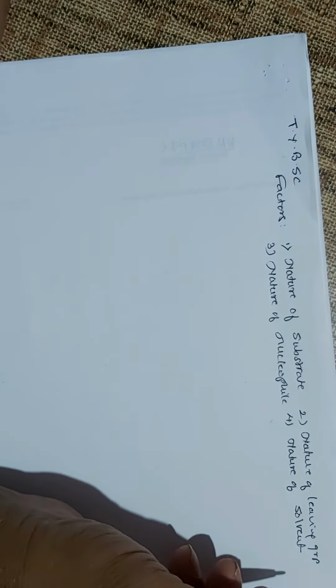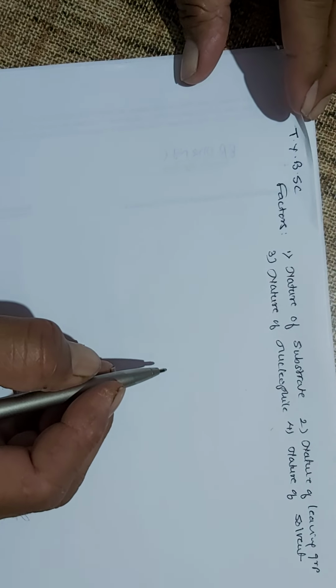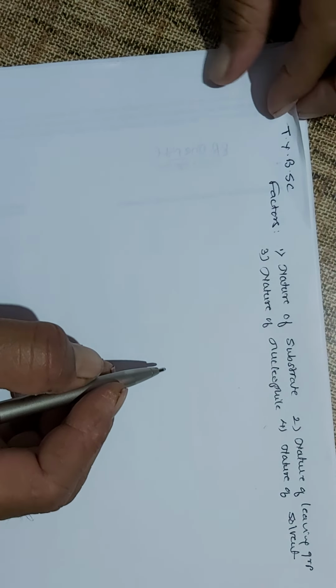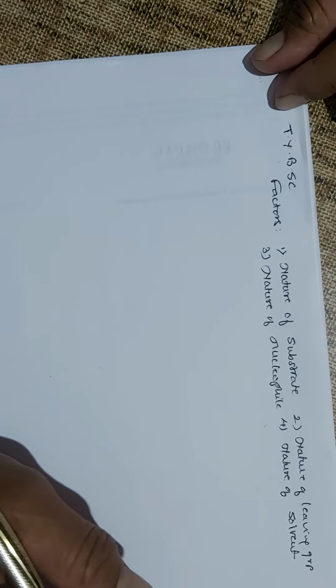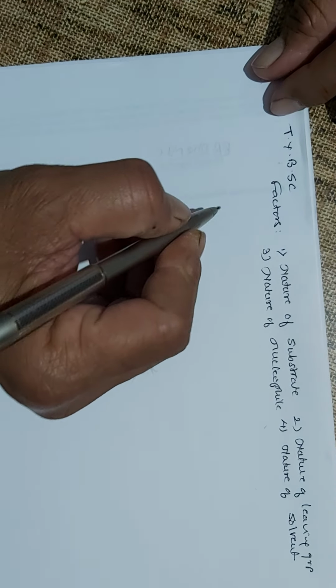So here we can say the effect of substrate, the effect of leaving group, the effect of nucleophile, or the effect of solvent on the reactions, whether it will follow the SN1 or SN2 path.